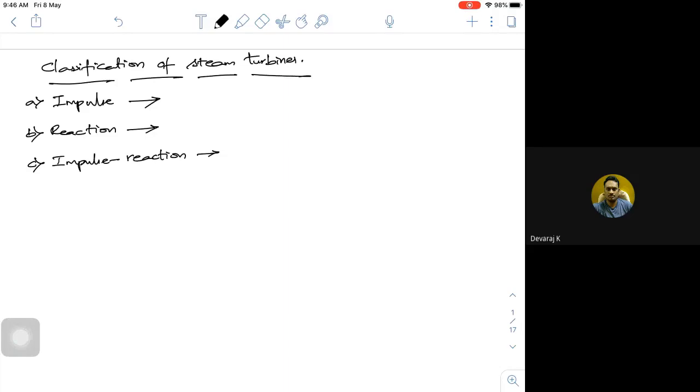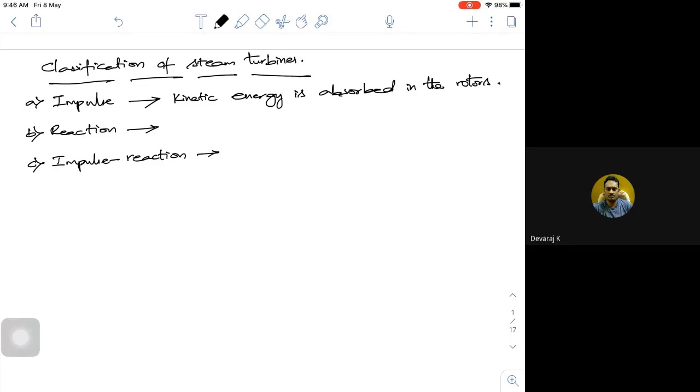See what happens in case of an impulse turbine. Already we know that the kinetic energy is absorbed in the rotor. If the kinetic energy is absorbed in the rotor, it is called an impulse machine.